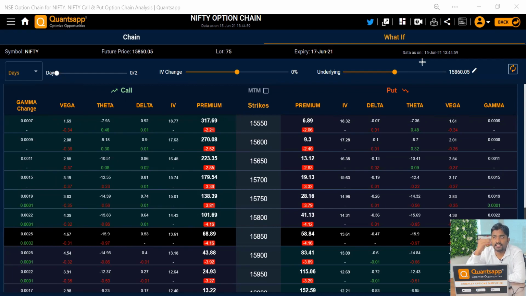When there is a change in the spot price, let's say the spot price is going up or going down, the option premium changes. But the premium does not change by the same quantum in every strike price. The 15,800 call option might have a different change if there is a 100-point change in the spot price.